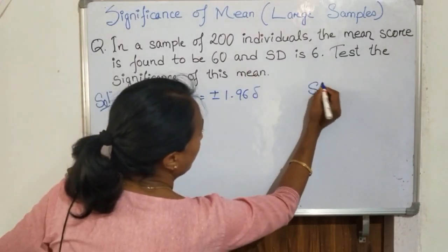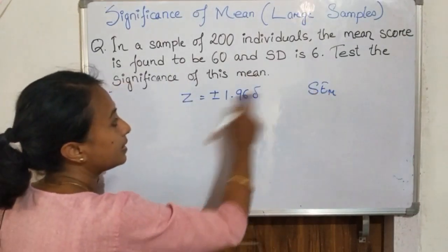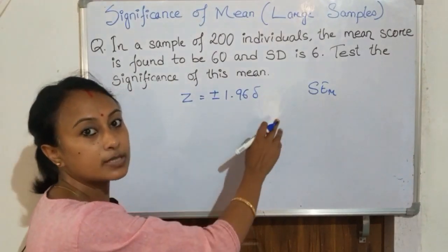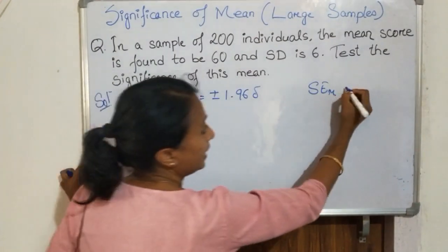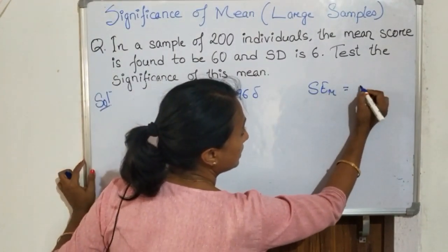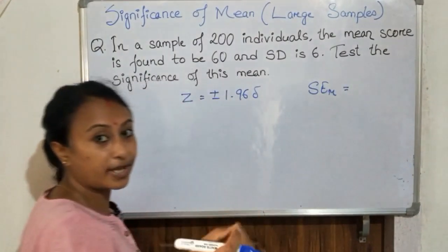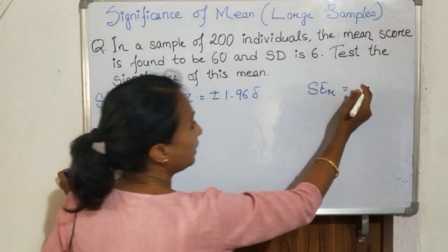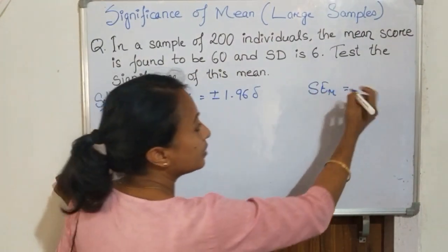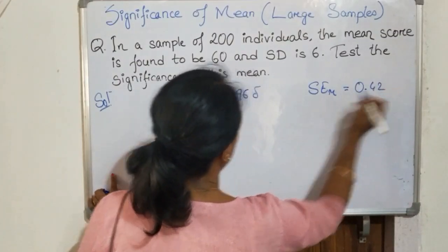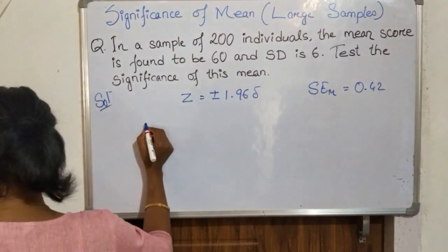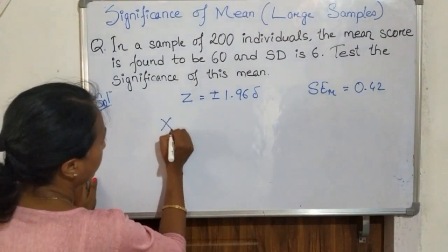I have rewritten these two things because I have rubbed them off the board; you need not write them again, because you have already written them. So our SEM was 0.42. Now we need to find out X.